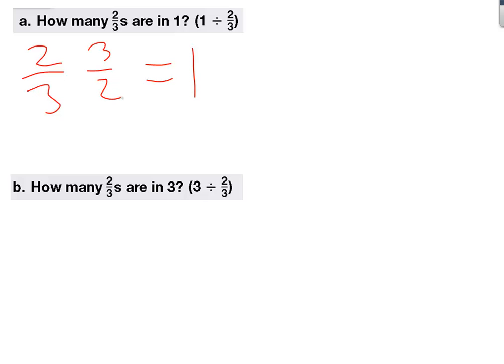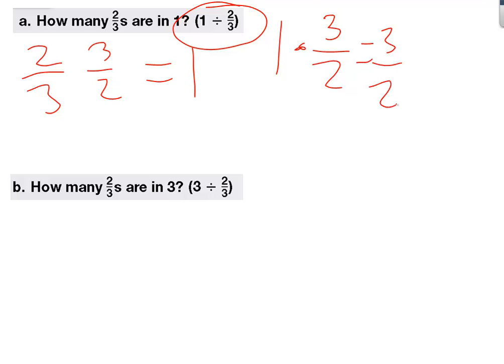So 1 divided by 2/3 really is a function of taking 1 and multiplying it by the reciprocal of 2/3, which is 3/2. 2 goes into 3 one time and 1/2. So the number of 2/3 in 1 is 1 1/2.